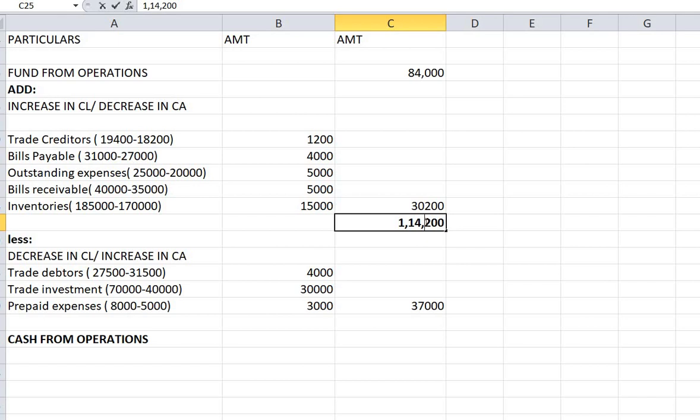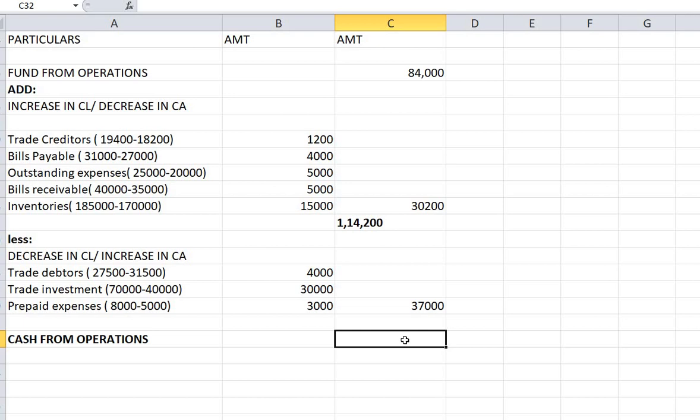Yes. And then from that amount, you are going to subtract the 37,000 which you have got from the second sum. So when you subtract it, what will be the amount you're getting? 84,000. I'll just confirm. 84,000 plus 30,200 is 1,14,200.